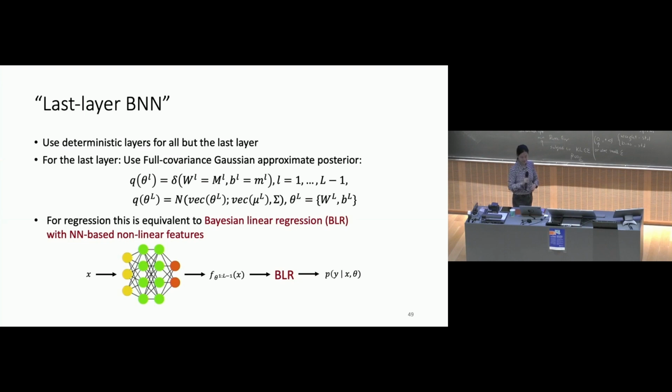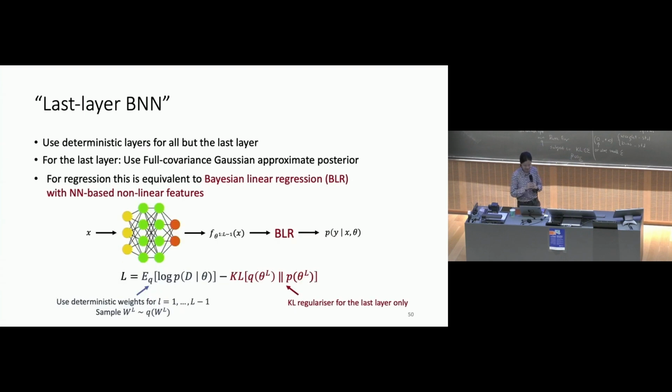Essentially, you learn them close to a maximum likelihood estimate. So the last layer Bayesian neural network is cheap in the sense that it doesn't matter how deep your network is. As long as your last layer is not that wide, you can still implement it.